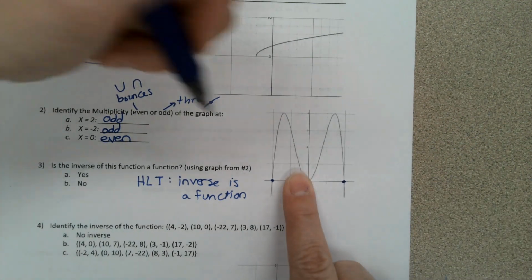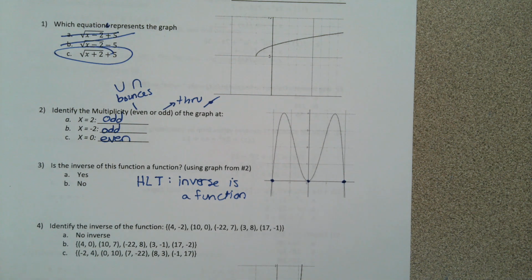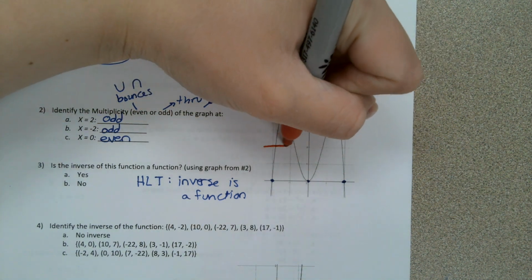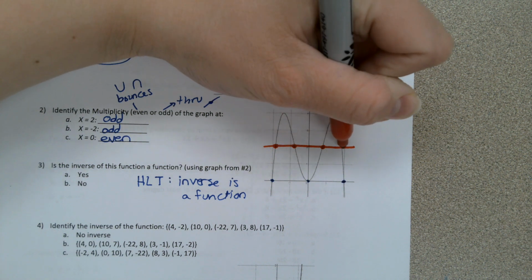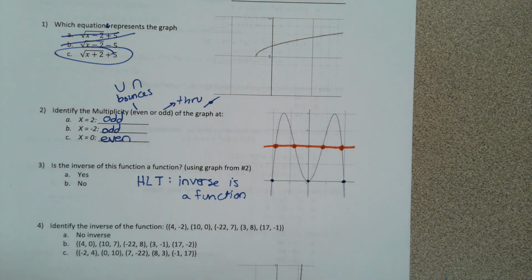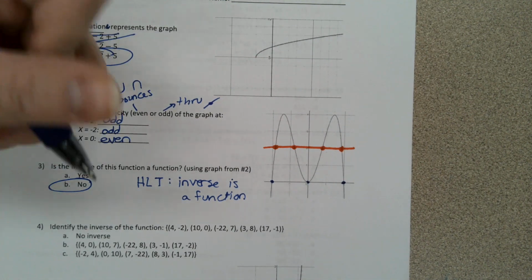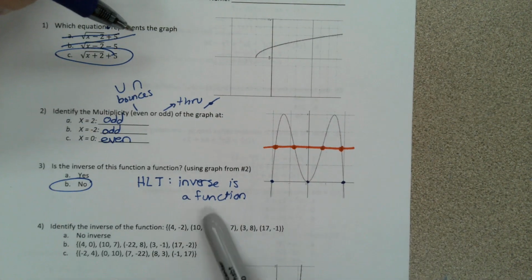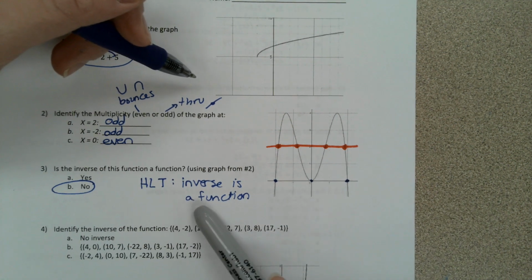This graph clearly does not pass the horizontal line test. Here's one such example. It hits 1, 2, 3, 4 times in one line. Since it fails the horizontal line test, the inverse is not a function, no. So use the horizontal line test here. If it fails the horizontal line test, that means the inverse is not a function.